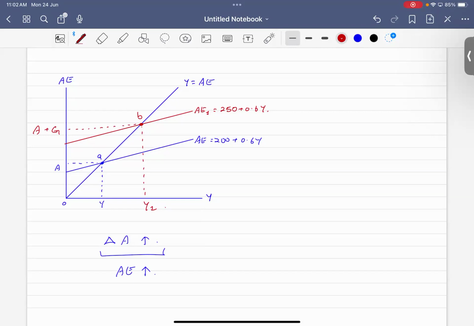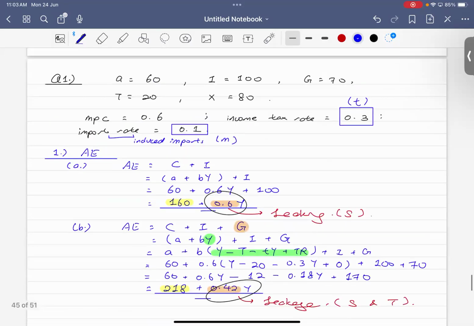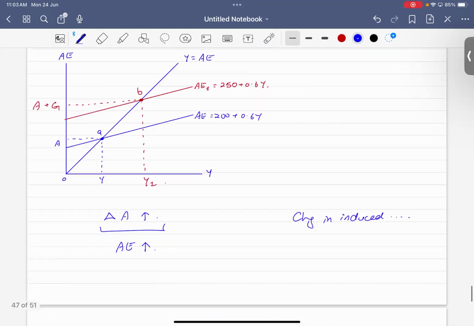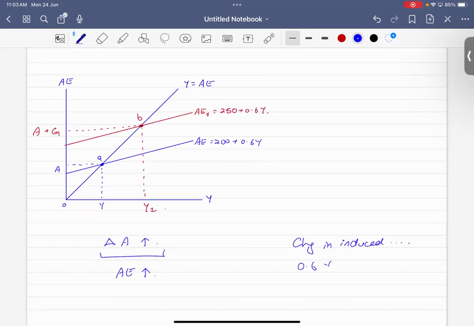Now what if we talk about change in the induced parts, the induced expenditure? Like just now, it becomes smaller. Let's say 0.6y becomes 0.4y, for example. How is that going to be represented on the graph?